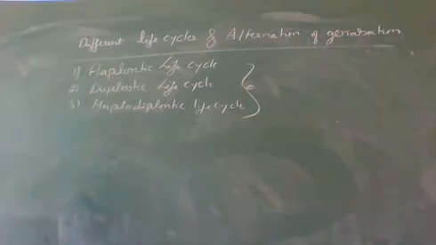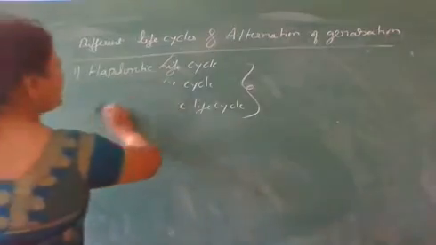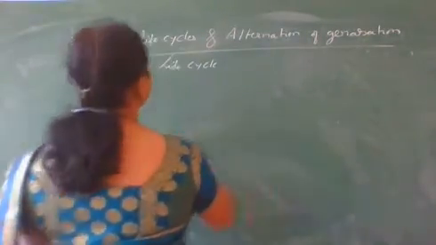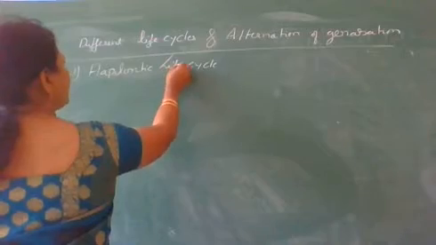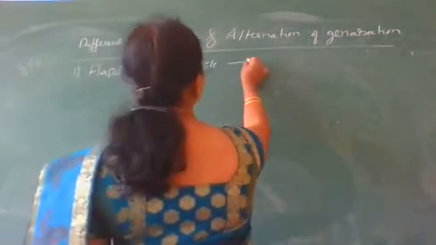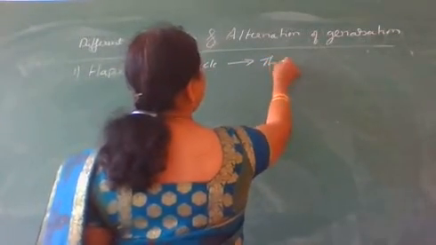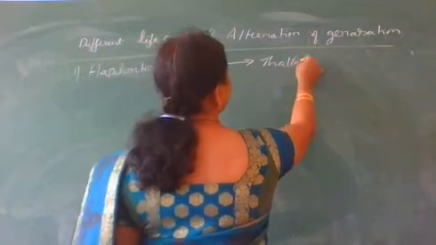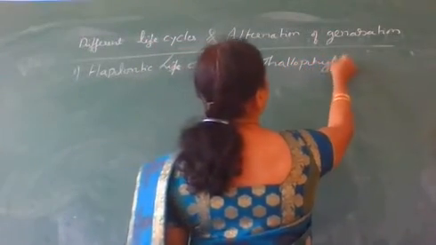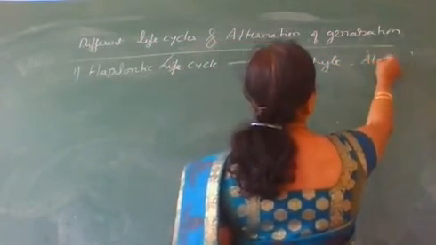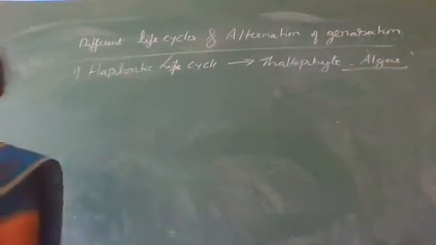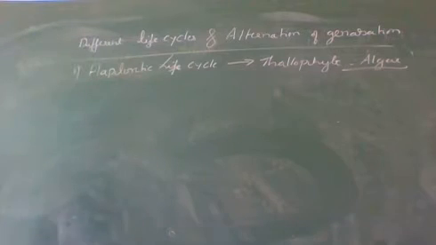So what is the haplontic life cycle? This haplontic life cycle is the characteristic feature of thallophytes, that too in case of algae, in the majority of the algae.